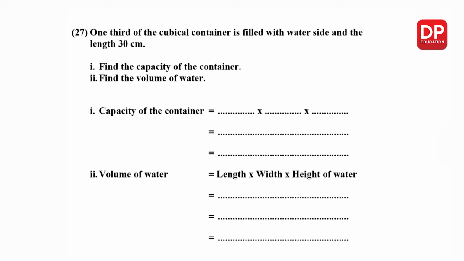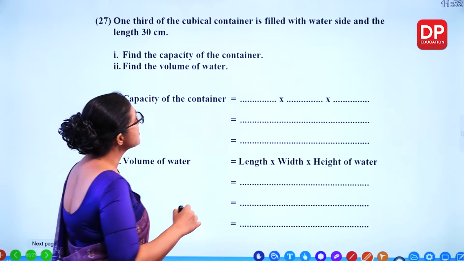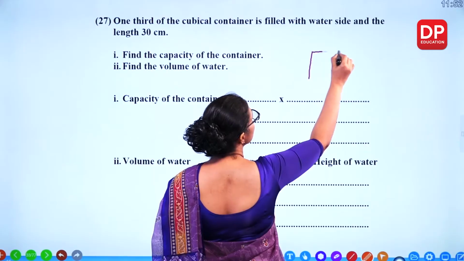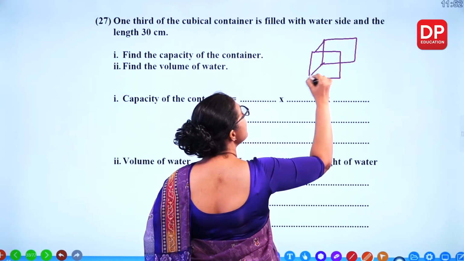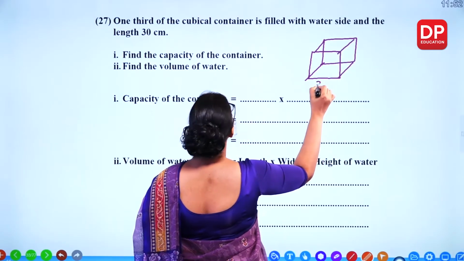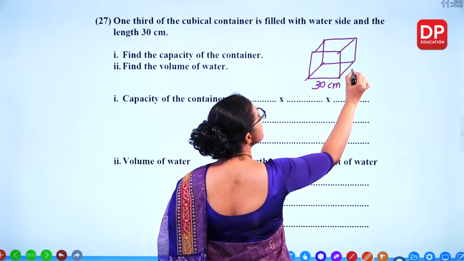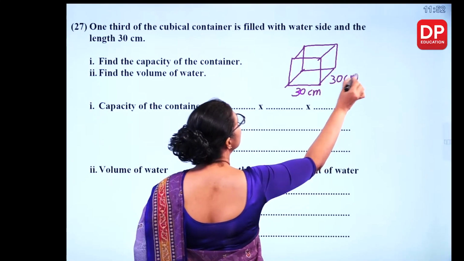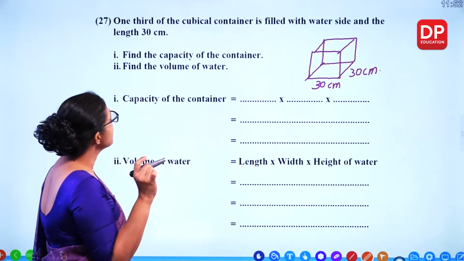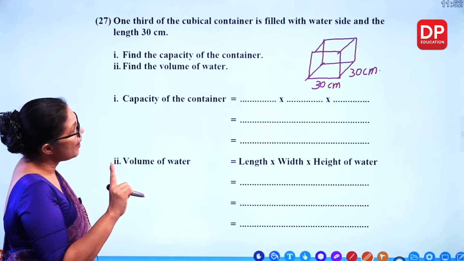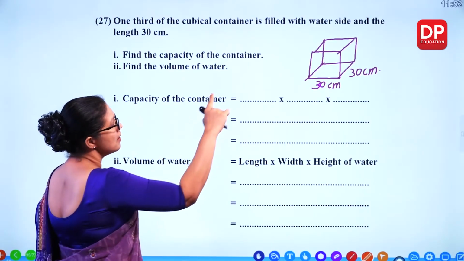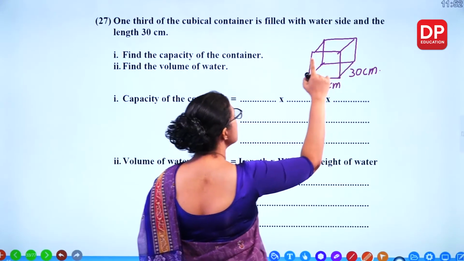1/3 of the cubical container is filled with water. Side length is 30 centimeters. So what is this cube now? Now the side length is 30 centimeters. So what's the capacity of the container and volume of water? So to get the capacity, you have to take height fully. That means 30 centimeters.